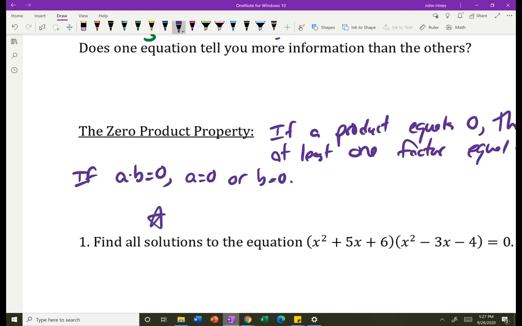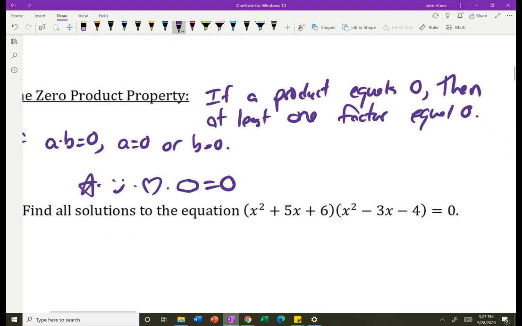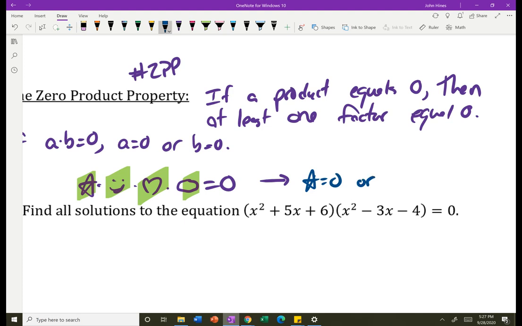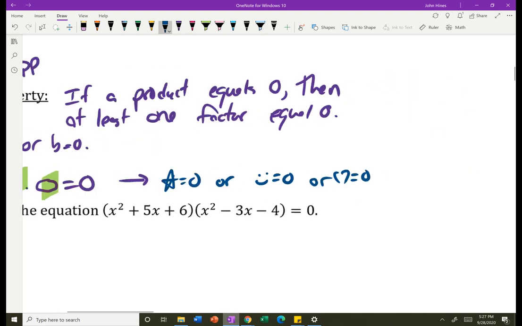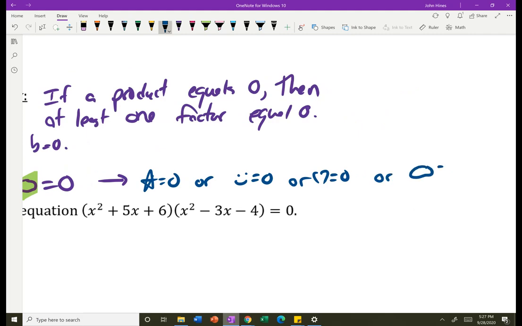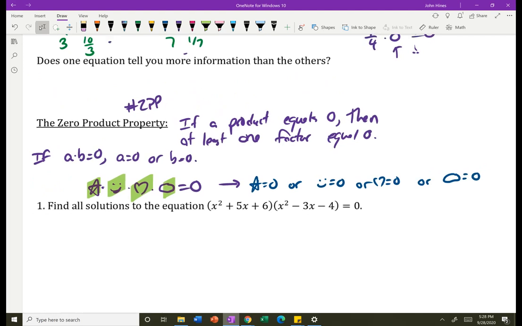So if I have star times smiley face times heart times chicken nugget equals 0, the zero product property, hashtag ZPP, put that on your Instagram post, tells me that either the star is 0, or the smiley face is 0, or the heart is 0, or the chicken nugget is 0. So the zero product property says if I multiply a bunch of stuff together and get 0, one of those factors had to have been 0.